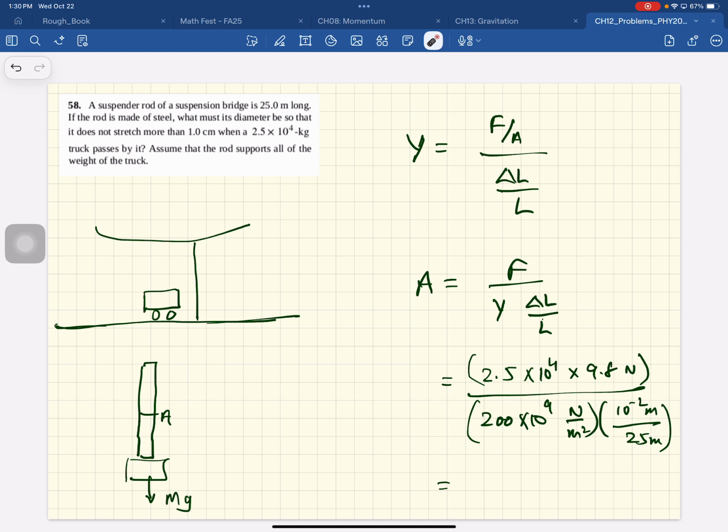Let's take care of the powers of 10. There's 10 to the 4, this is 10 to the 11 and 10 to the 9. So 10 to the 4 and 10 to the 9, and what we have is 10 to the minus 5, times 2.5 times 9.8 times 25 divided by 2, in meters squared.